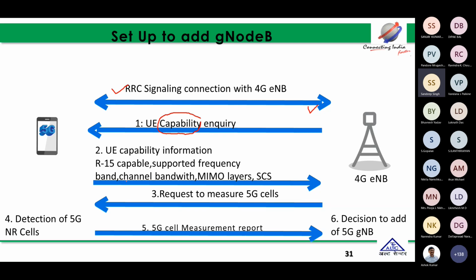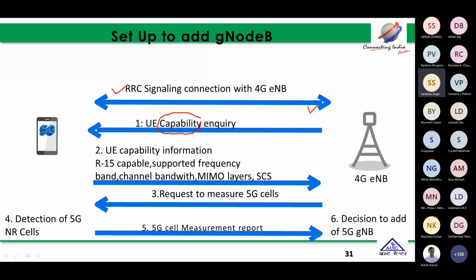After the capability inquiry, the 5G phone is sent the request to measure the 5G cells. Actually, this arrow is on this side. The E node B sends the request to measure the 5G cell, right?